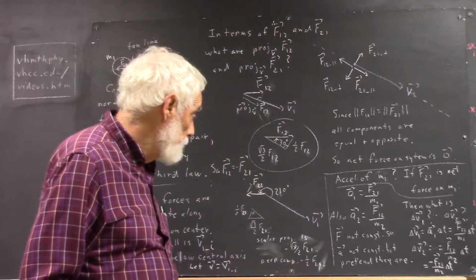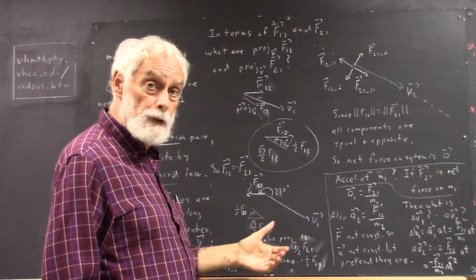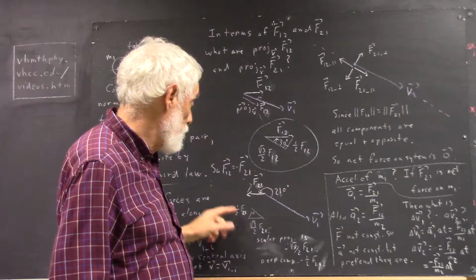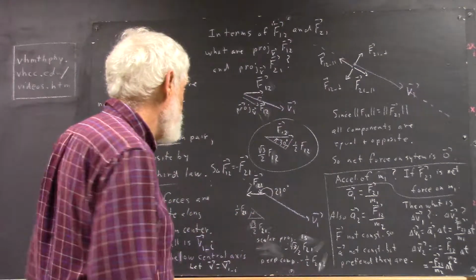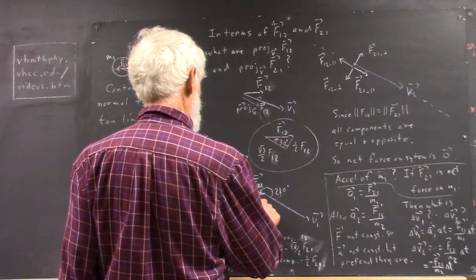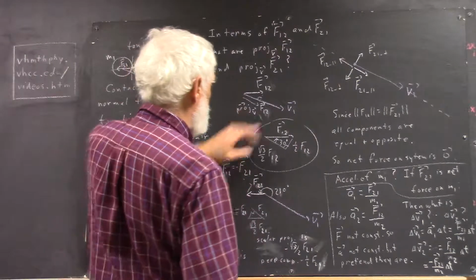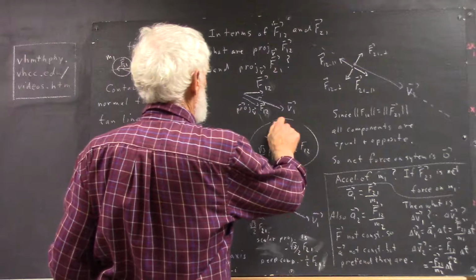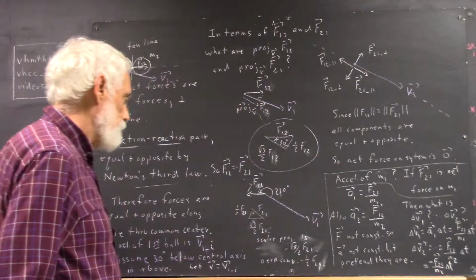In this case, the scalar projection is going to be negative. If you do the triangle, you don't get a negative from the sides. This is F21 here. It's a vector, put an arrow on it, but let's not worry about that.